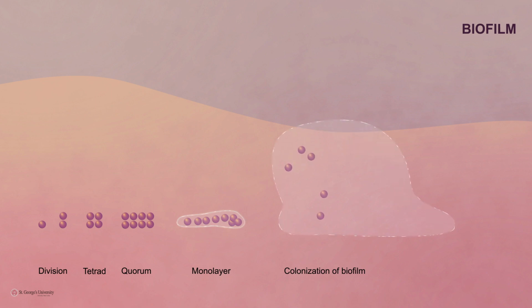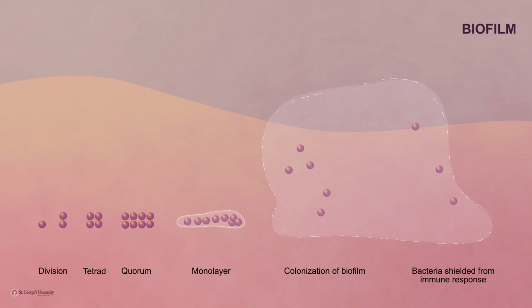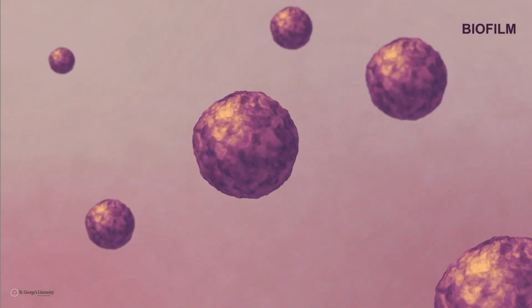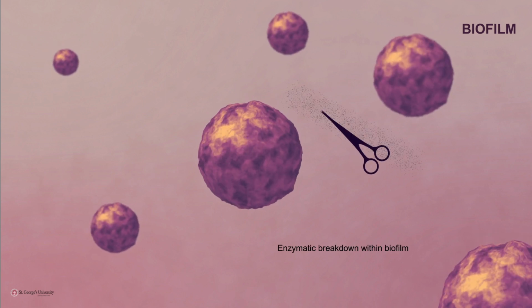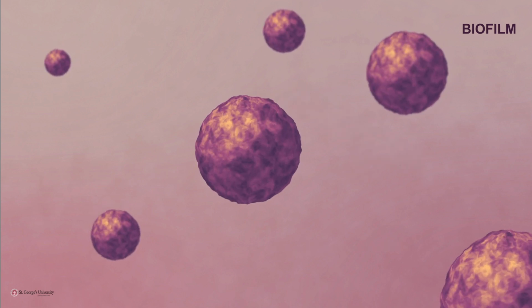The biofilm is considered like a macrocolony, and this mature structure protects the bacteria from immunological insults, and it also protects the bacteria from antibiotics penetrating. Whenever the bacteria get to a critical number, it serves as a signal for the bacteria to start releasing some degradation enzymes.